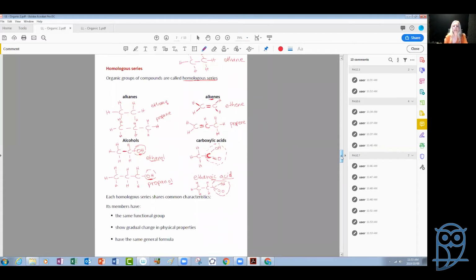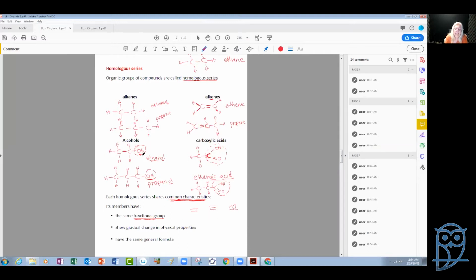All right, so each homologous series shares some common characteristics. Actually, the important characteristic that it shares is the functional group. They have the same functional group. And when we say functional group, it's such a funny name, but don't be confused. The functional group could be a double bond, could be a triple bond, could be one atom, like some halide, some chlorine, for example, that has replaced a hydrogen.